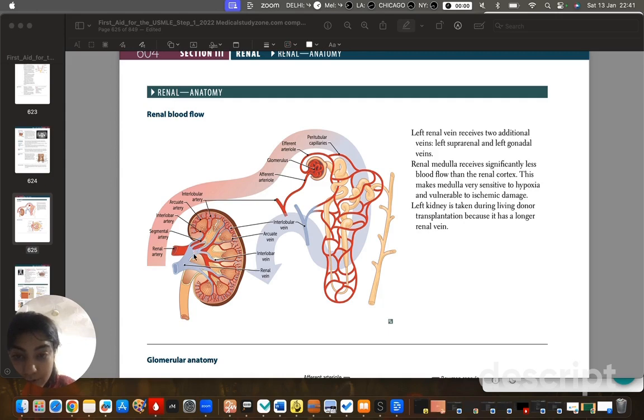It goes up here, up there, and down here. And then the segmental arteries further divide into interlobar arteries. Look at this, these are lobes, right? So they are going interlobarly as arteries. So these are interlobar arteries.